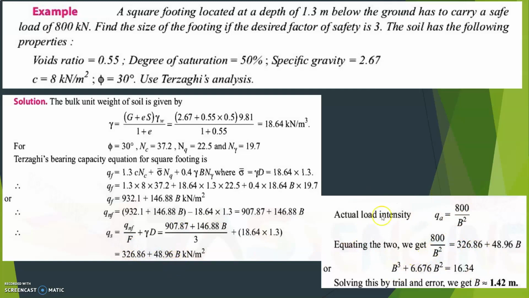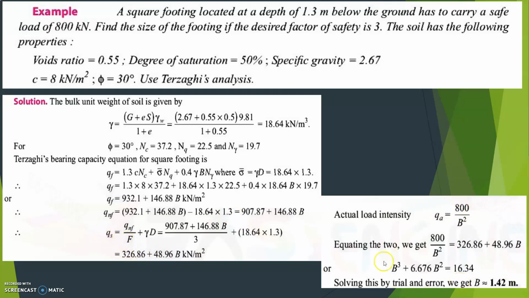We know that factor of safety is the ultimate bearing capacity divided by the actual load bearing capacity. Based on that, we can assume that the net bearing capacity is equal to the actual load intensity, because we have considered the factor of safety, which is multiplied by this QS.